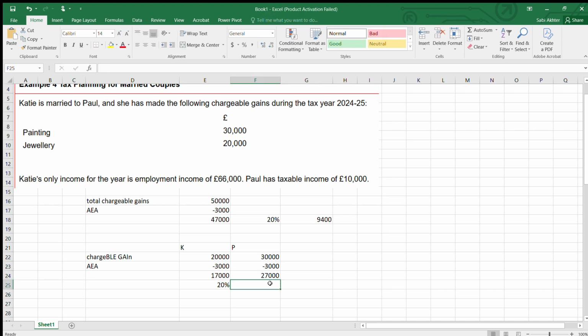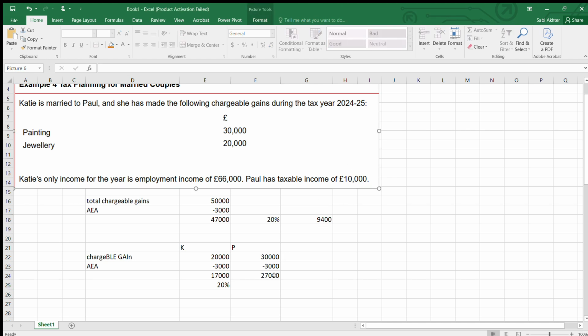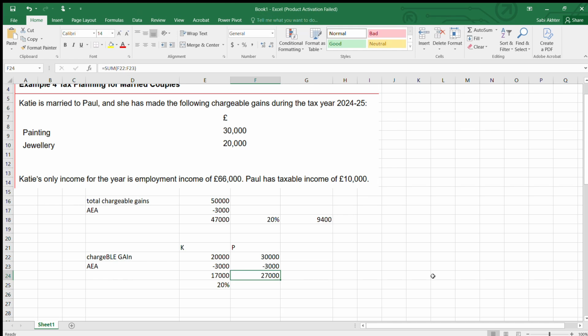Basic rate is 37,700. So if you add this taxable income 10,000 with this 27,000, it is 37,000, still below basic rate. Basic rate is 37,700. So the entire amount, this 27,000, could be taxed at 10%.